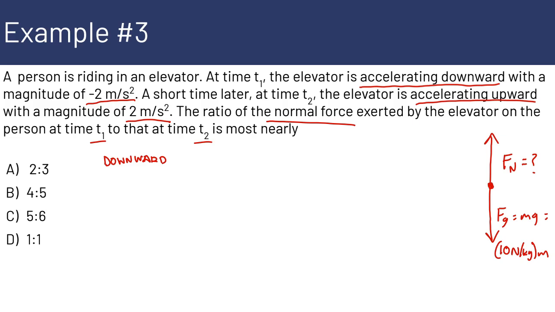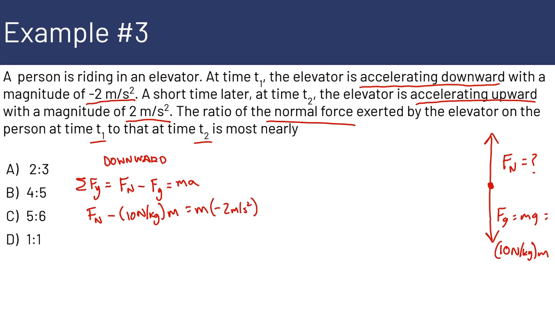So if we do our sum of forces in the y direction, we have our normal force, it's pointing up, so it's positive, minus our gravitational force, and that's equal to mass times acceleration. So we have our normal force minus 10 newtons per kilogram times m is equal to m times, and our acceleration is minus 2 meters per second squared.